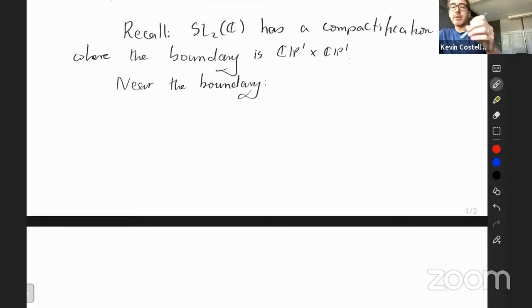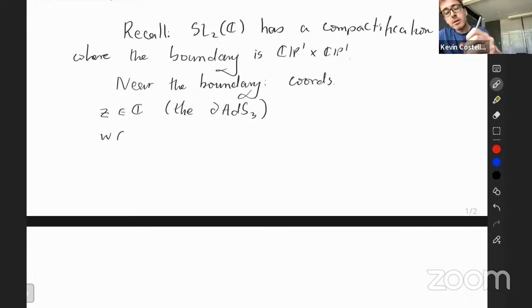Just on a patch near the boundary, we have coordinates Z in C. This will be the chiral algebra plane. So this can be thought of as the boundary of AdS3. W in CP1, and also N, which is normal to the boundary.